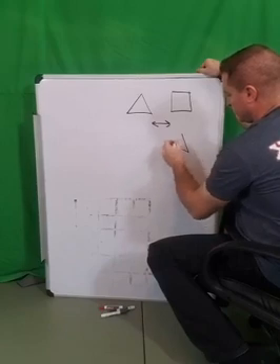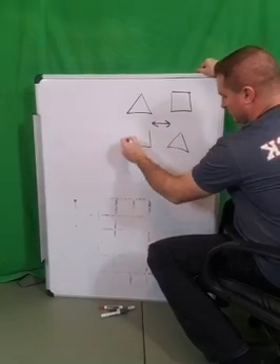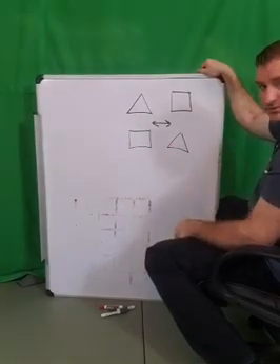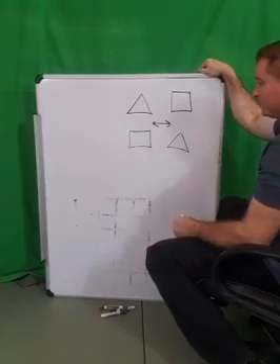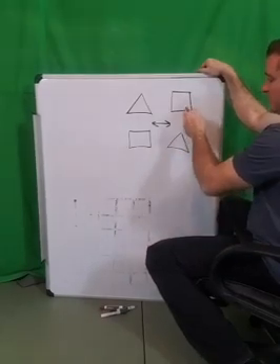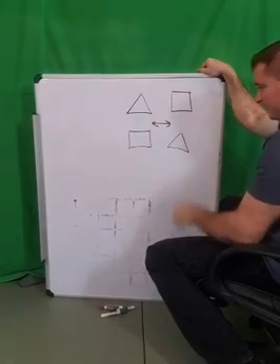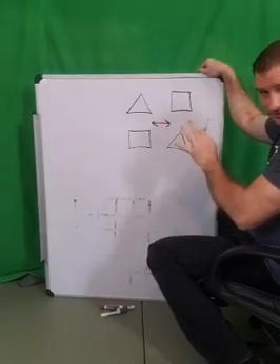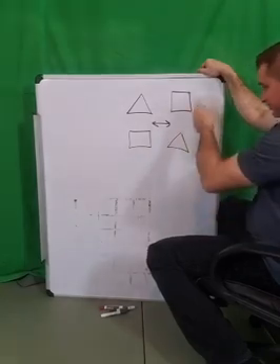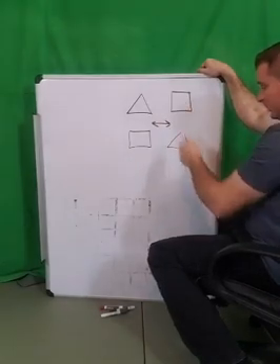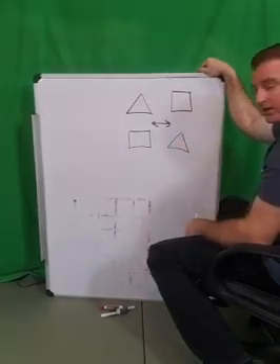It means triangle, square, right? Because we want to switch them. So now we've learned that we can take 1 and 2 and we can switch them back and forth, right? Now, there's more to it, but this is for numbers, right? So, square, triangle, triangle, square.